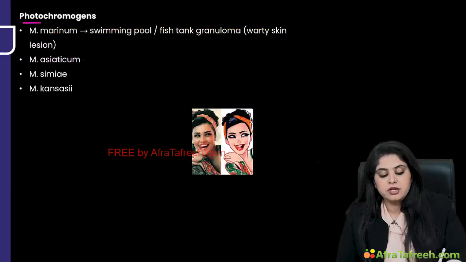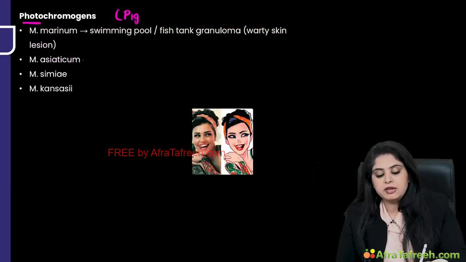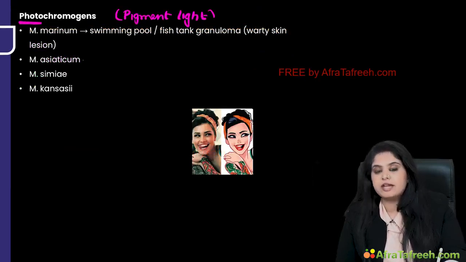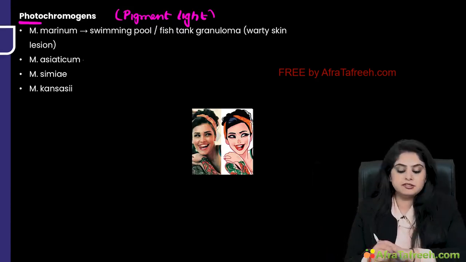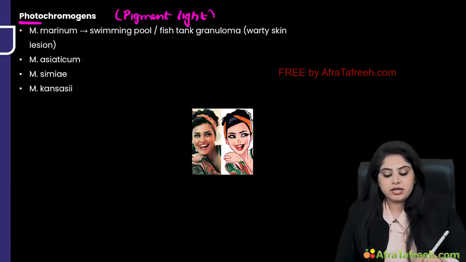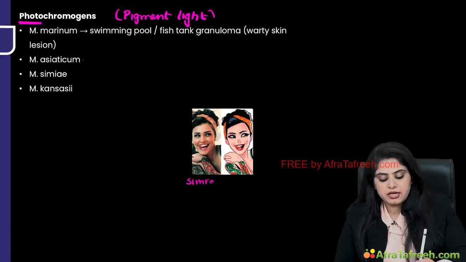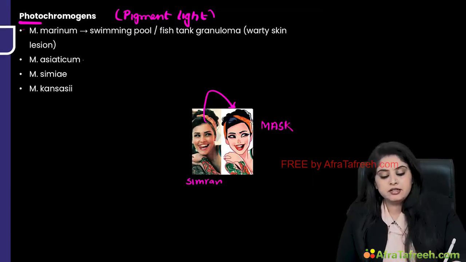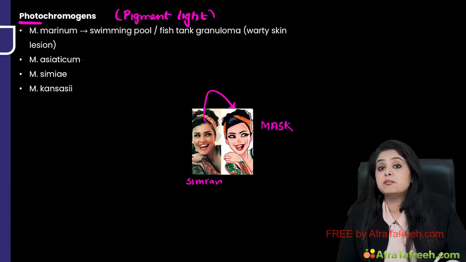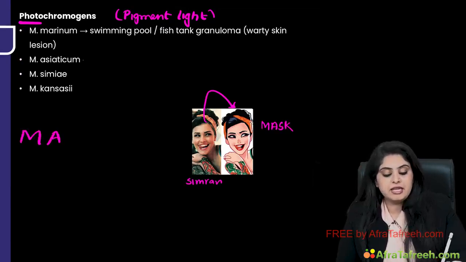So starting with photochromogens. Did I say pigment production is going to occur in the light? And remember, for the photo, ma'am, I have to put a lot of filters now. It's like on Snap and Insta, we have to put a lot of filters. So can you see there is this girl named Simran and how she has just transformed her face by putting some mask or some filters? Yes. So there is a girl named Simran who has put a lot of mask, that is MASK, mask applied for photo.